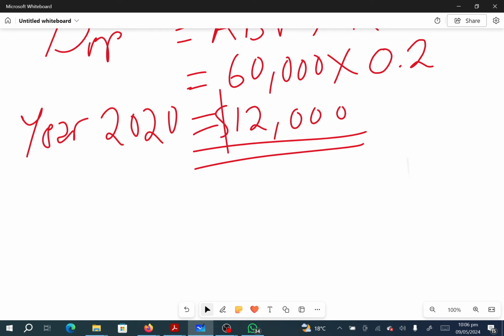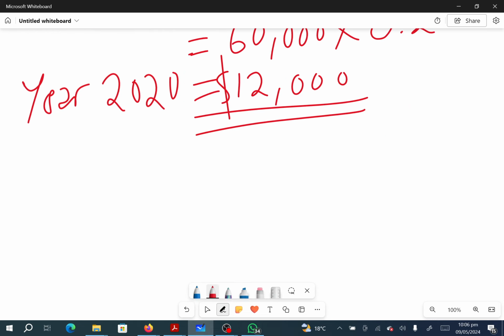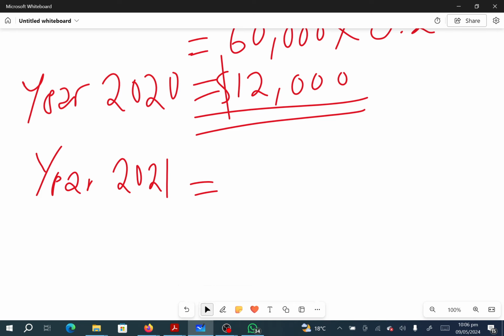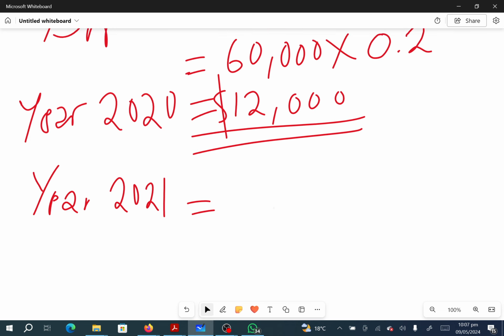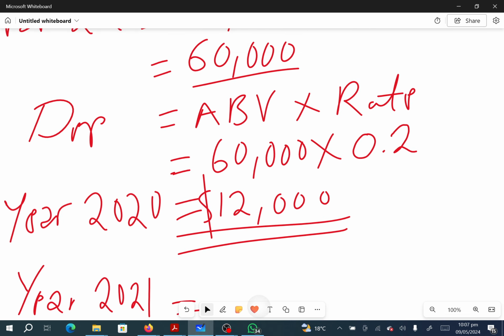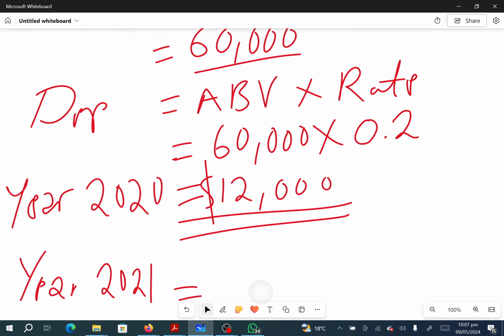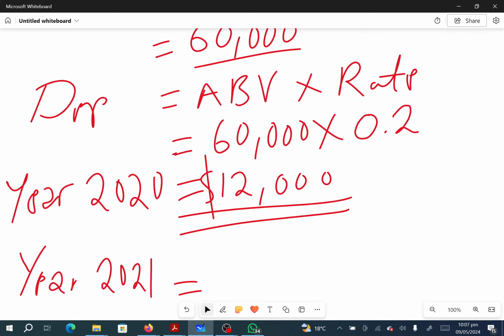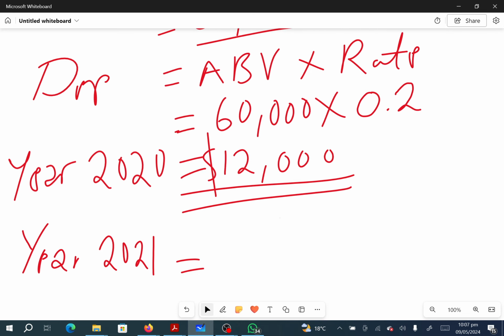Then we are also told to calculate depreciation for year 2021. So depreciation for year 2021 is equal to the book value which was brought forward.